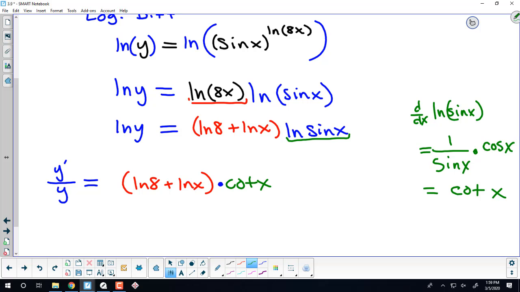Okay, so there's the first times the derivative of the second, and we do plus the second times the derivative of the first.